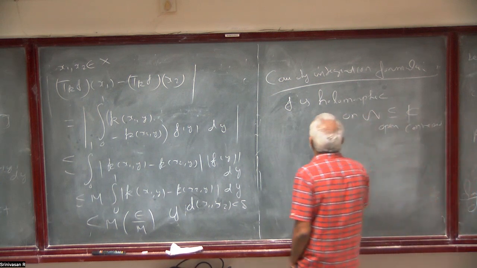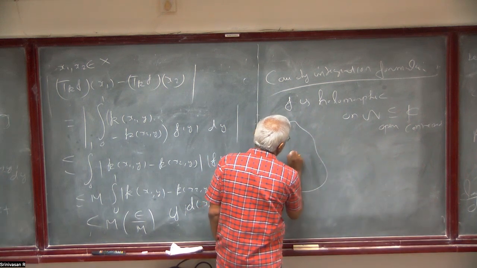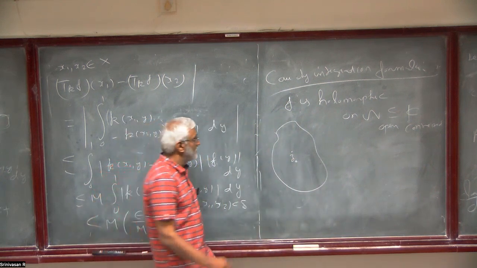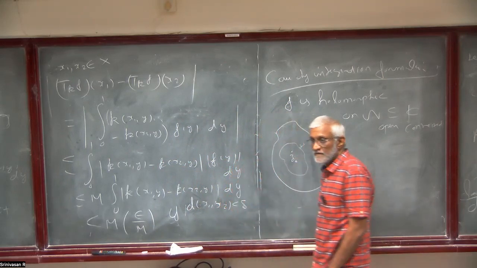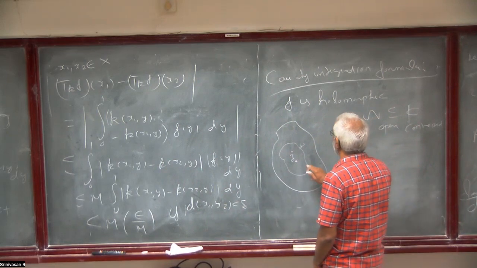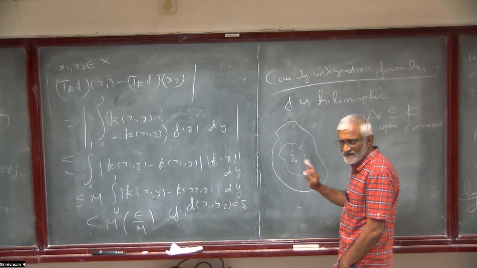So then the domain is like this, and you have a point somewhere, some Z0. Then you can take a curve around this. You call this curve gamma. If you integrate over this gamma, that will be 0.